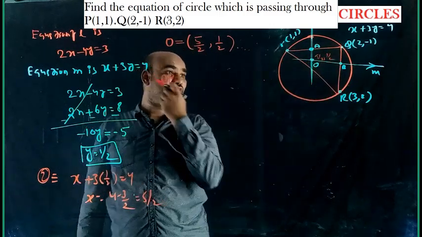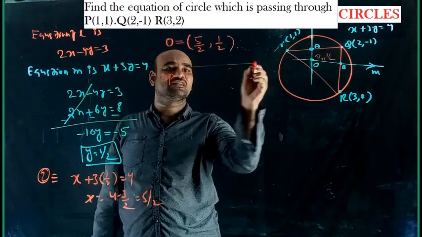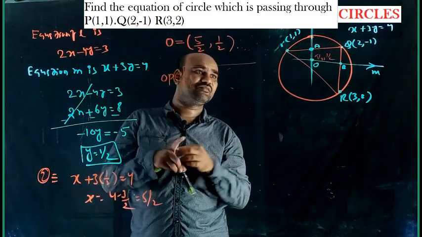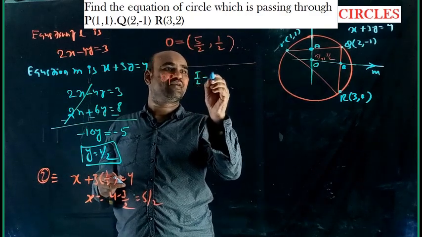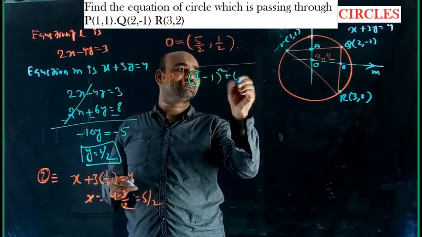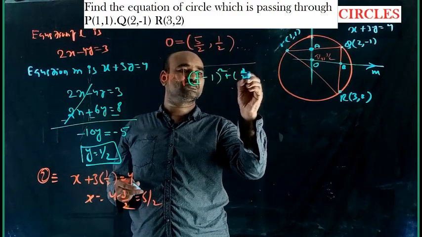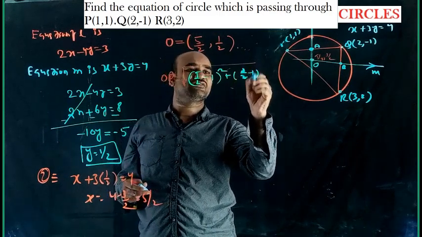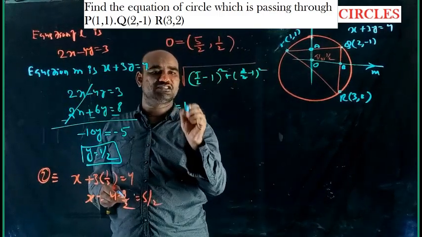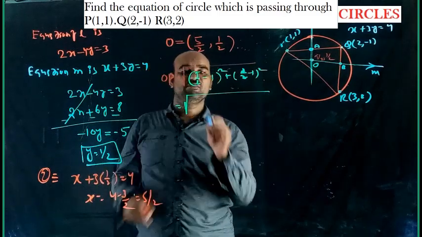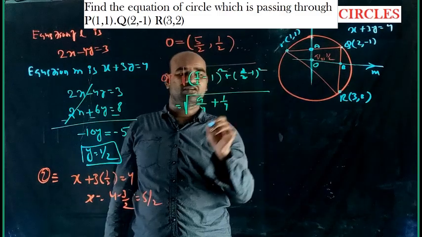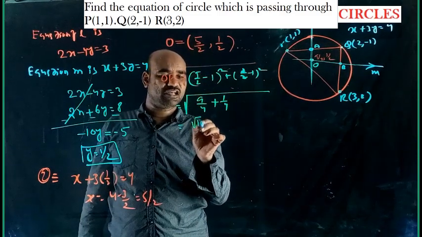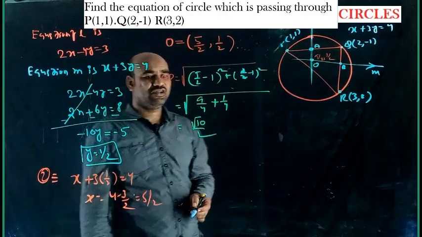So the distance from O to P is root over (5 by 2 minus 1) whole square plus (1 by 2 minus 1) whole square, which is the same as root of 9 by 4 plus 1 by 4, that is equal to root 10 by 2. This is the radius.